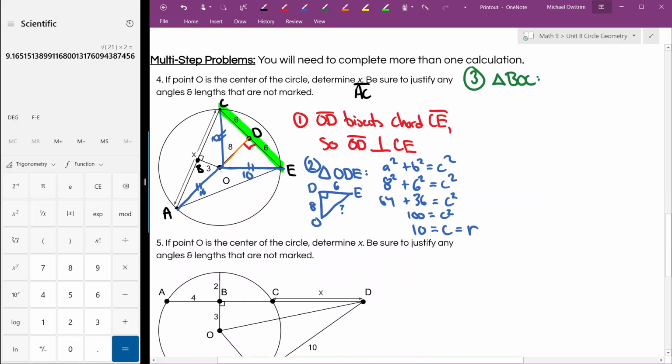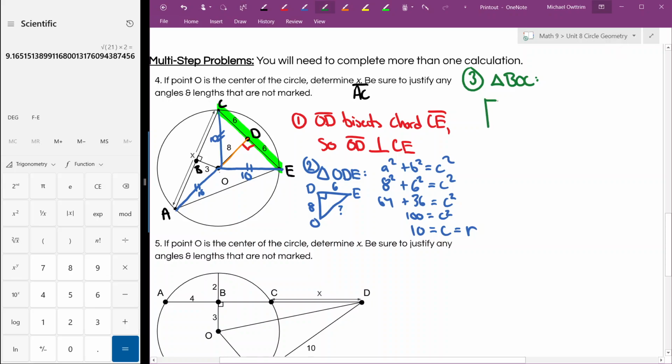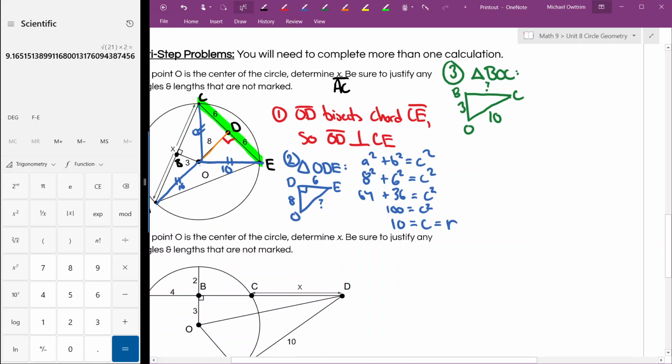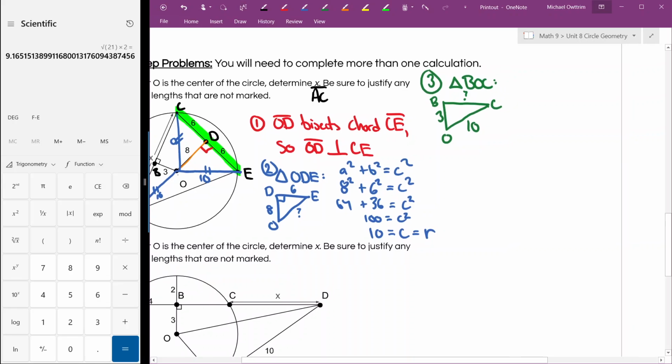That is a right angle triangle, so I'm going to go ahead and solve for the unknown side in that. Oops, sorry, this is 10. And I'm going to solve for this side of that triangle, which is part of the x that I want. So let's go ahead and do that.